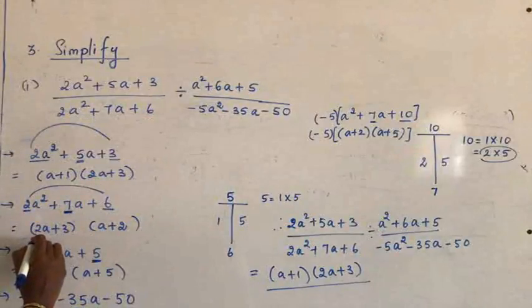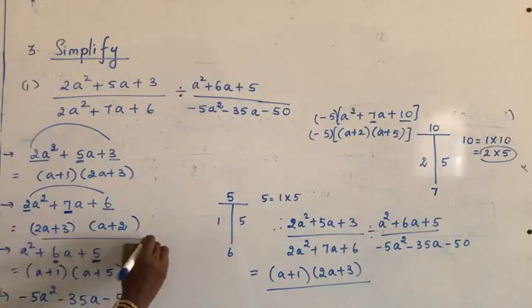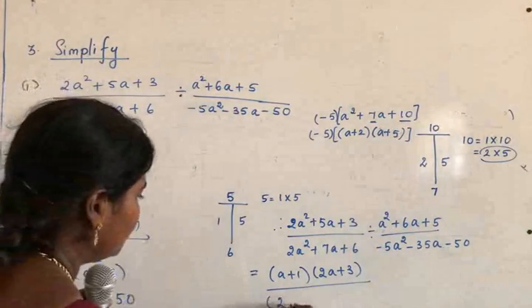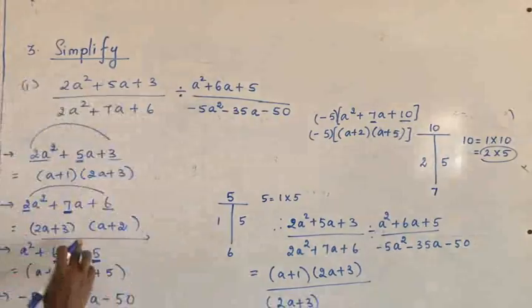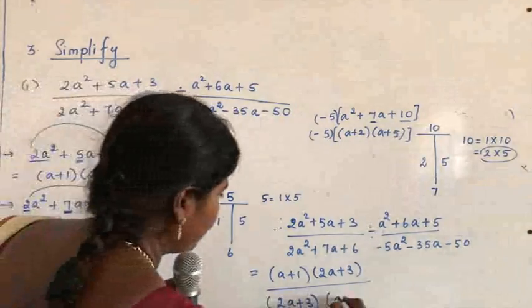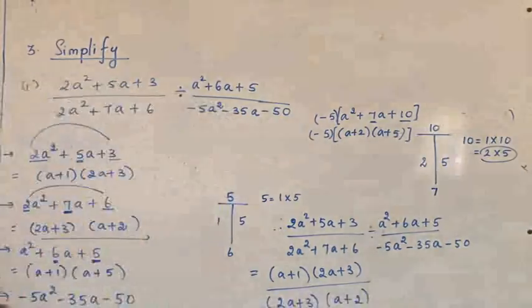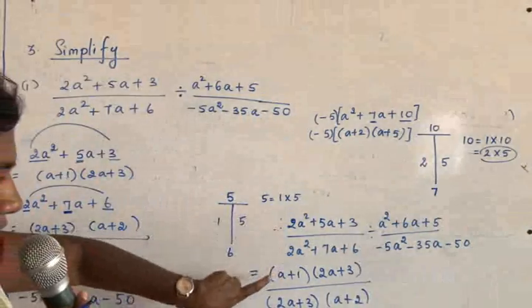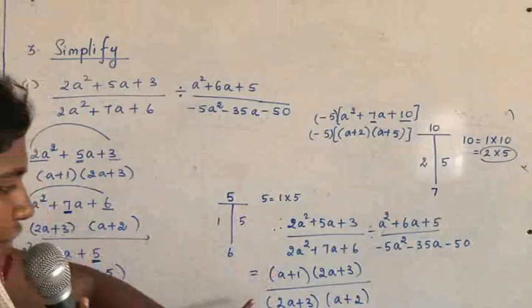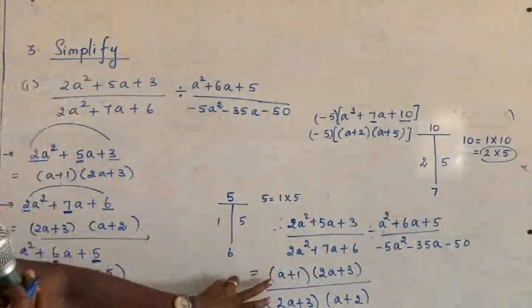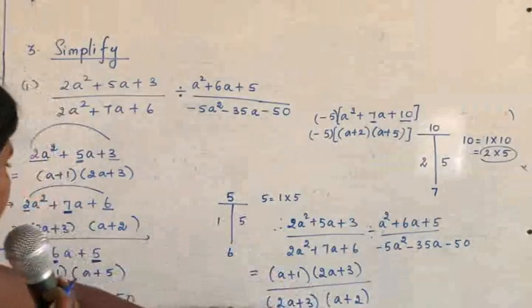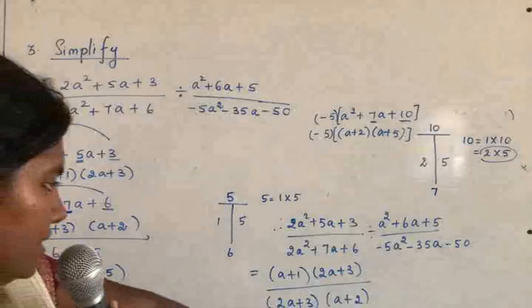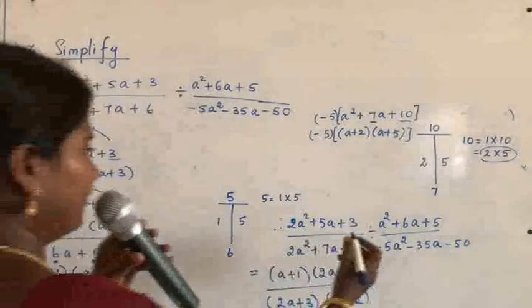You have got 2a plus 3 into a plus 2. Okay. So we have factorized the numerator part and we have factorized the denominator part. So you have got a plus 1 into 2a plus 3 upon 2a plus 3 into a plus 2. Now here we have division.